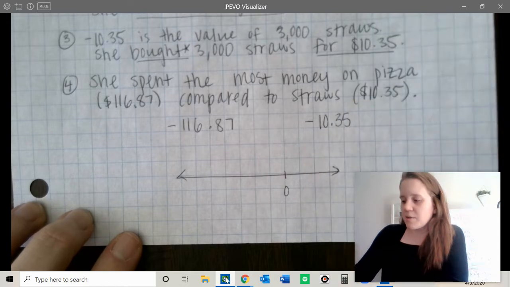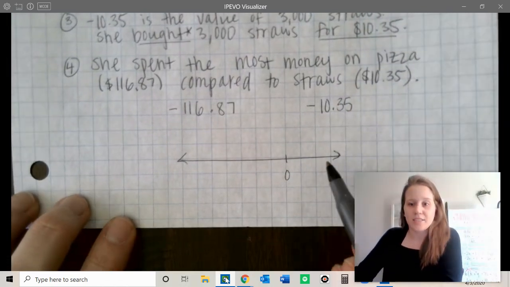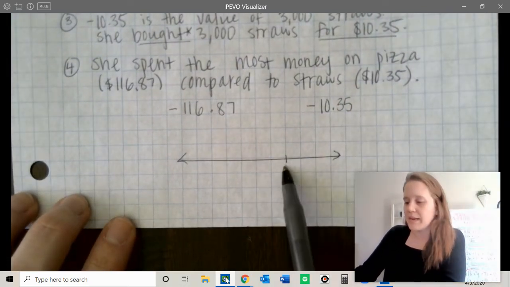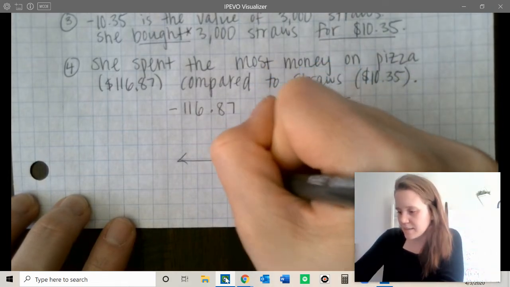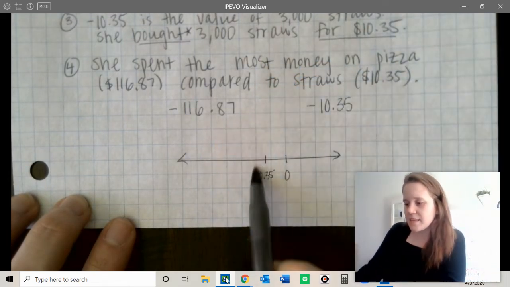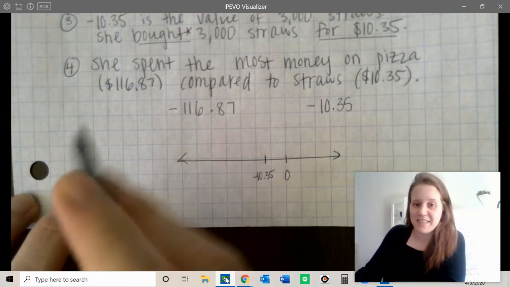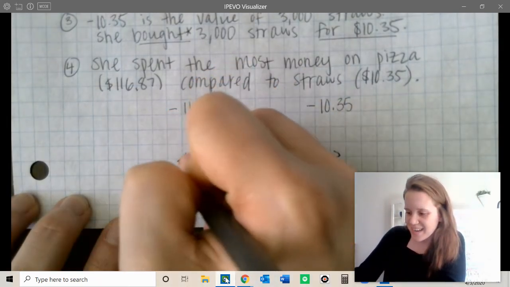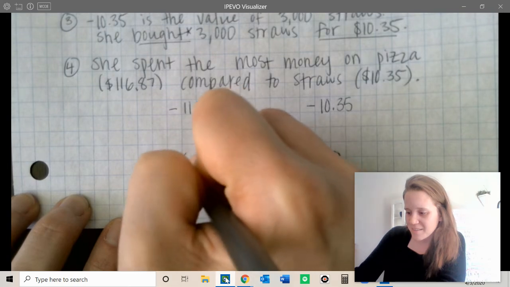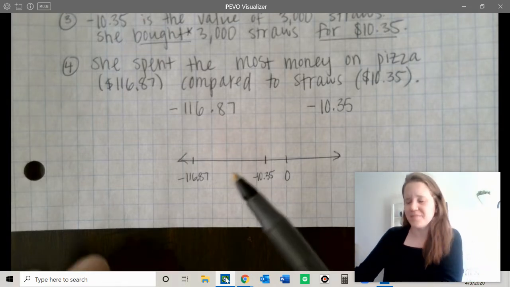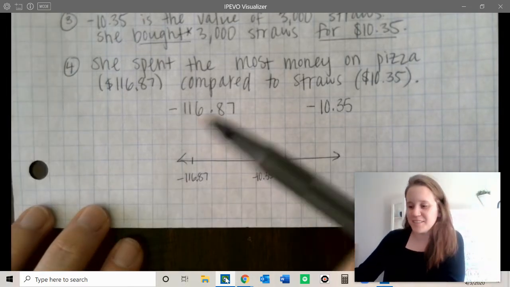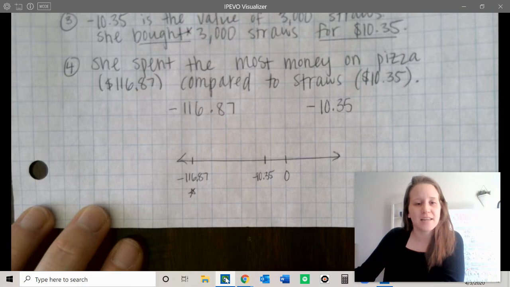I'm going to put 0 on the number line, and then I like to start at 0 and count backwards. What would I hit first? Yep, I would hit that negative 10.35, and then I would keep counting probably way farther than this, but I'm just going to put it here, negative 116.87. So which one is less? Remember, less is to the left, so this one is actually less than.